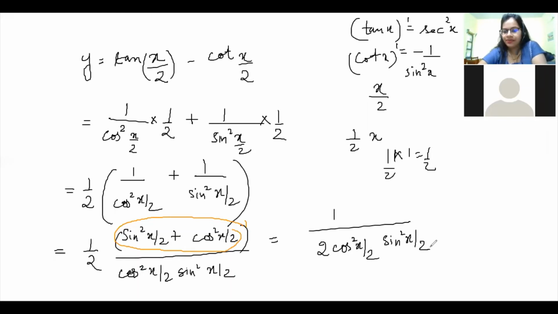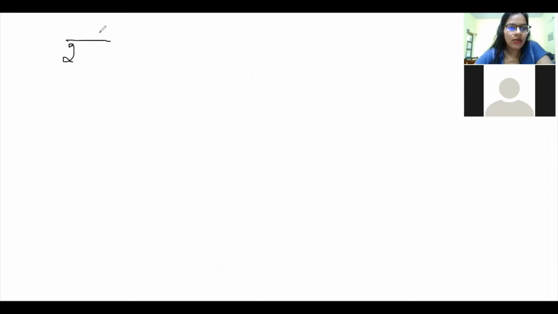Okay. Now we need to simplify more. So this much is clear. See, here also you can see that square is there, right? Here square is there. Now I need to simplify more. See, how will I do? I'll just rub this. So I had 1 by 2 cos square x by 2 and sin square x by 2.